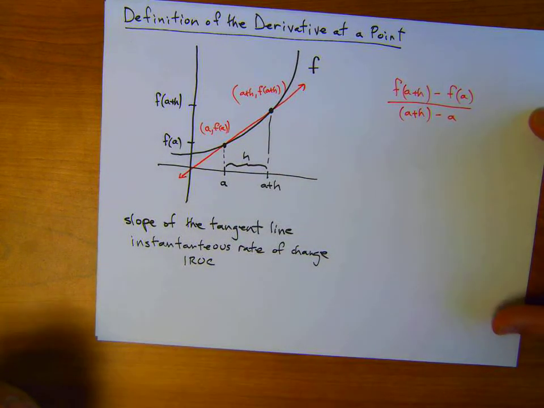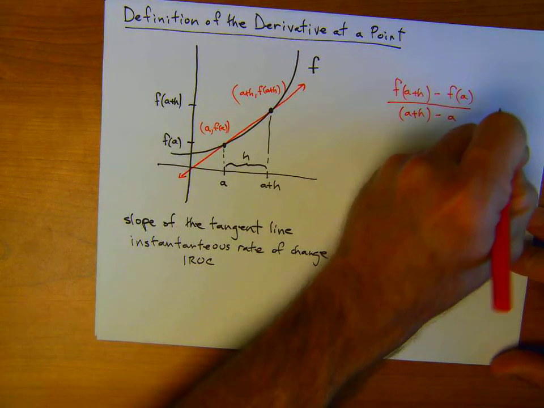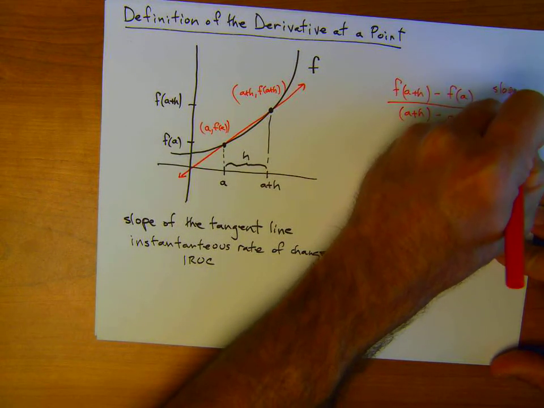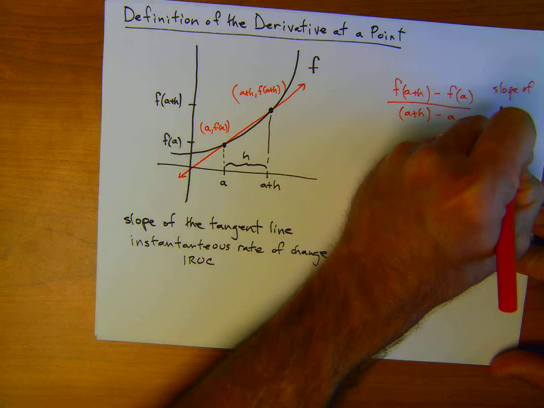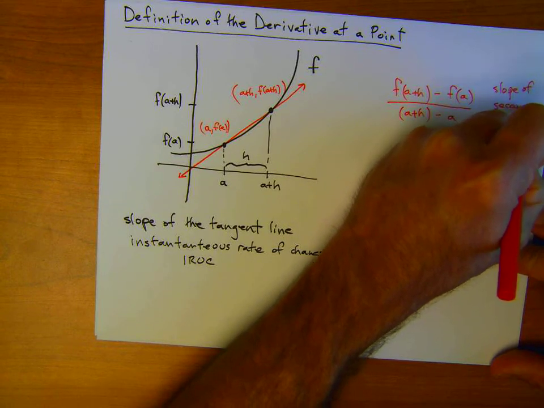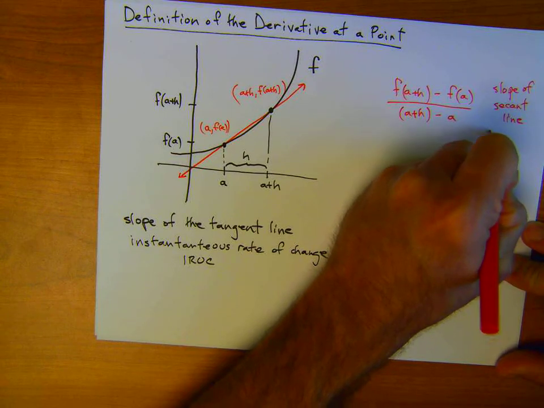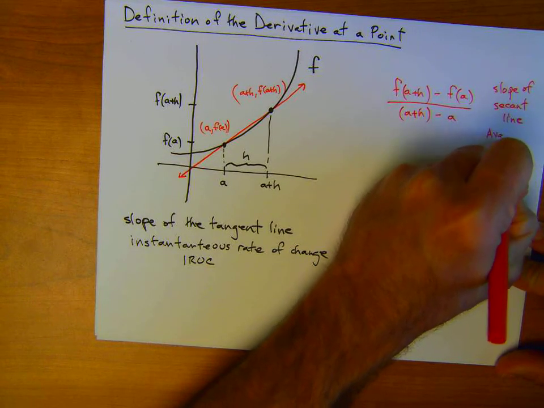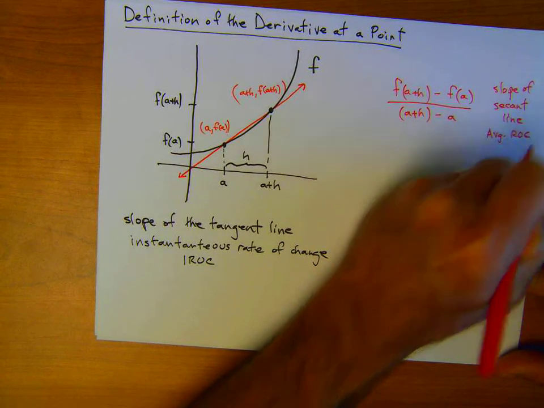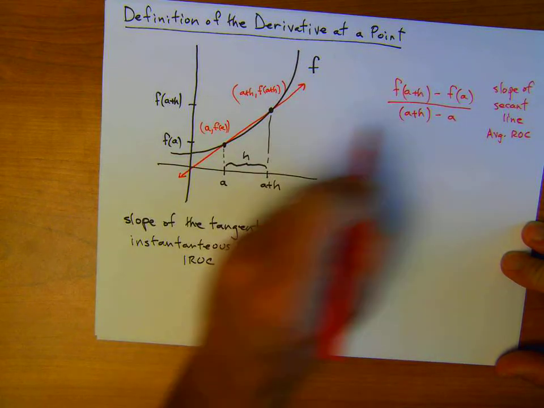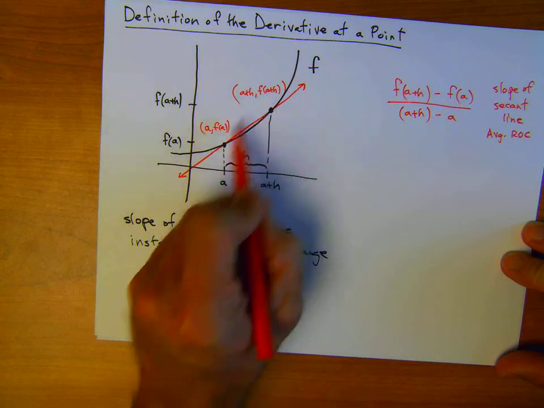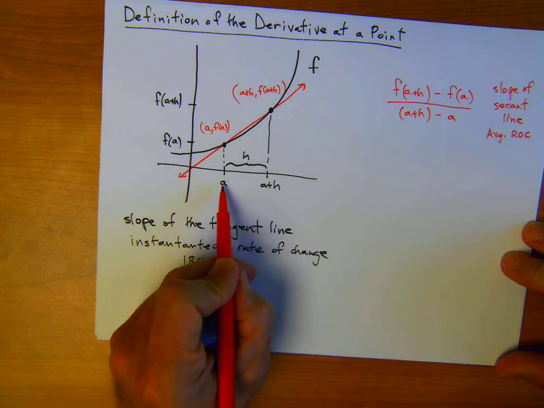So that is the slope of the secant line. And it's also the average rate of change over this interval that goes from a to a plus h.